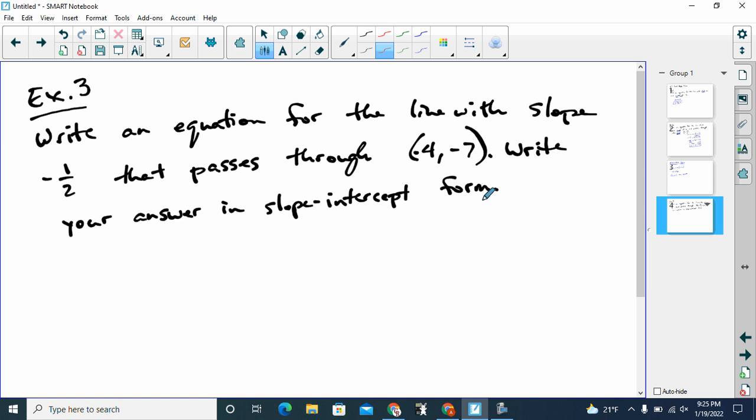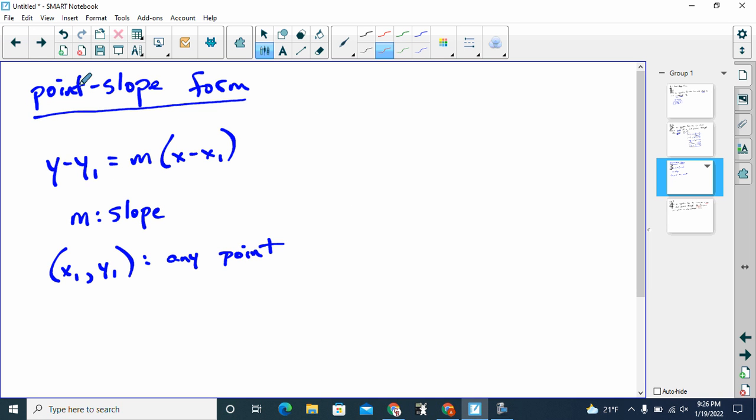That doesn't mean we have to start with slope-intercept form. Go back and check what we have. We have slope, and we have a point. If I don't know what the y-intercept is, I do not want to start with slope-intercept form. Because I know what the slope and the point is, we are going to start with point-slope form.